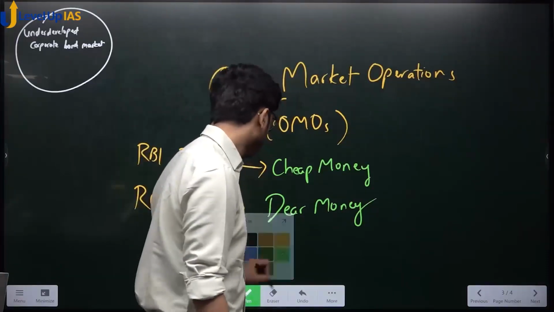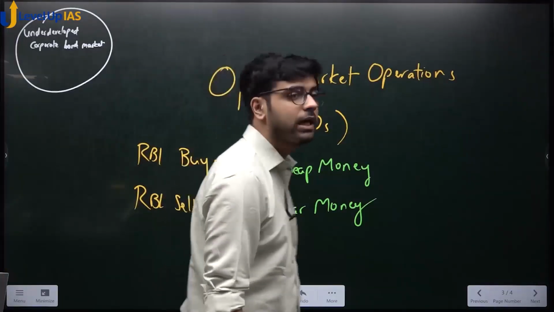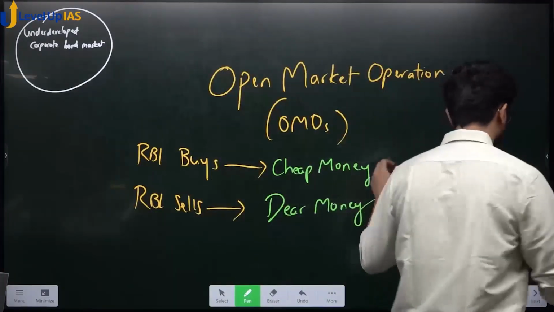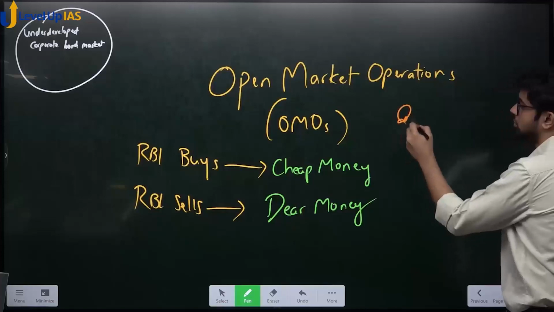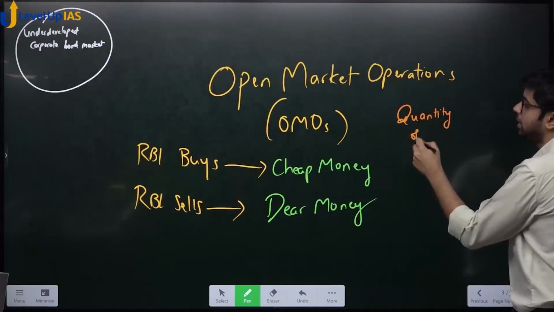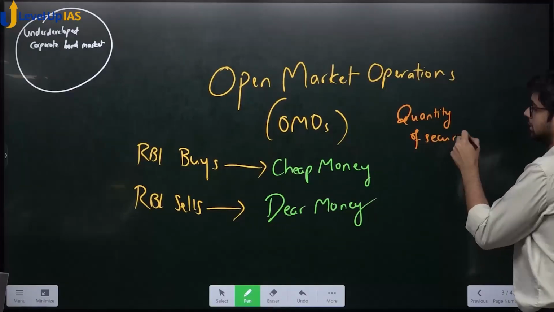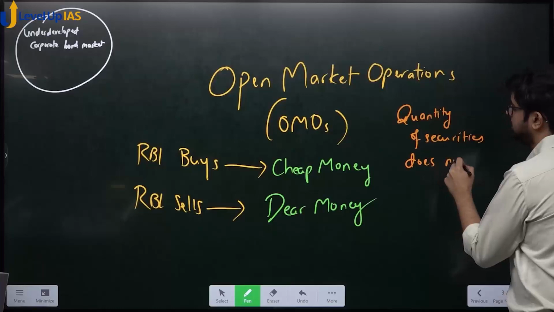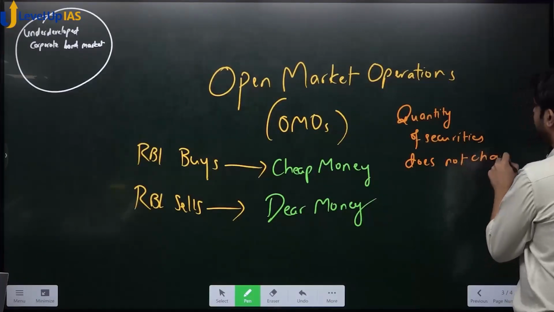So one very important thing which you need to know here is that in open market operations, the quantity of securities in the market does not change. See, RBI is also a player in the market.